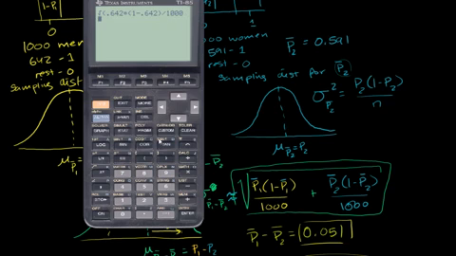And then we're going to add to that the same thing for the women. Our sample proportion is 0.591, times 1 minus 0.591. So that's this term right over here, divided by 1,000. Once again, I need to get the parentheses right. Then we just need to close the original parentheses, because we're taking the square root of everything.